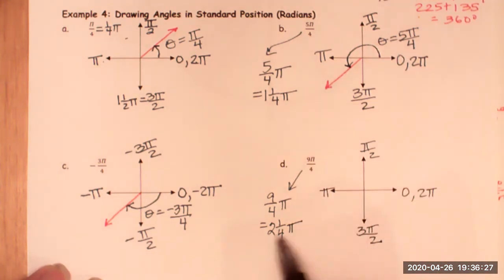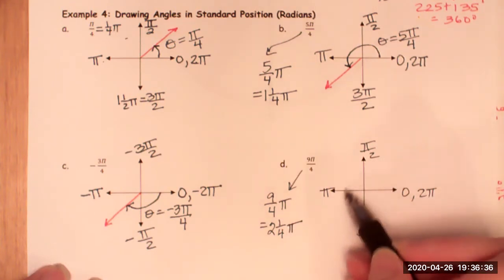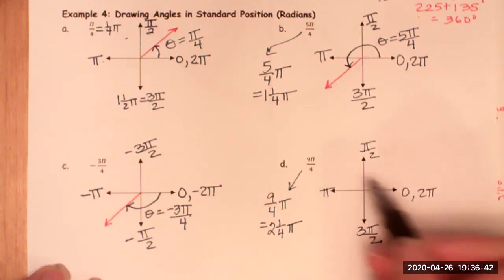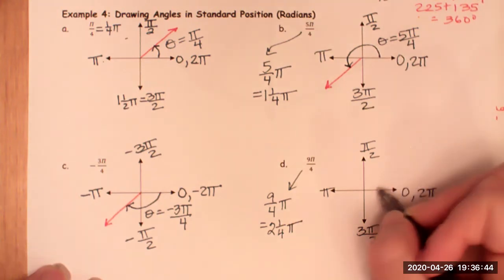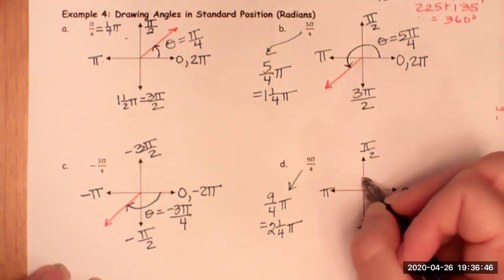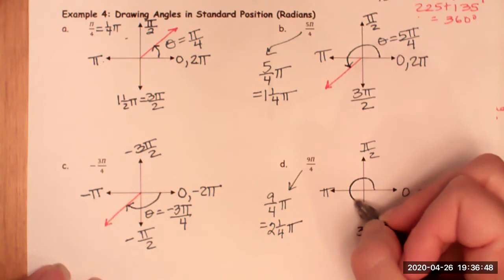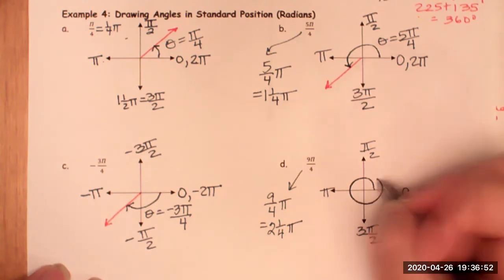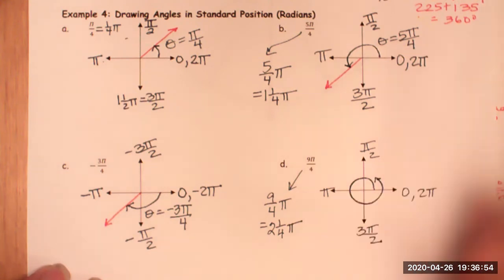So notice that this is more than 2 pi, right? 2 1/4 pi. So we actually have to rotate 1 complete circle around, plus another 1/4 of the way across to pi. So if I rotate 1 complete circle around in the counterclockwise direction, because it's positive, and then I'm going to stop 1/4 of the way over to pi.